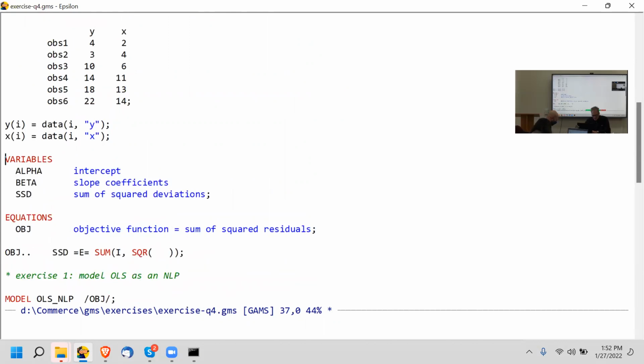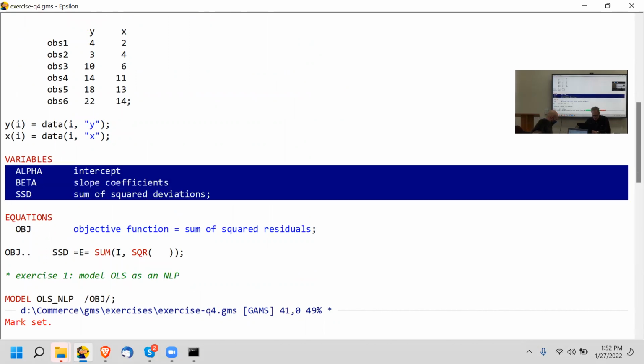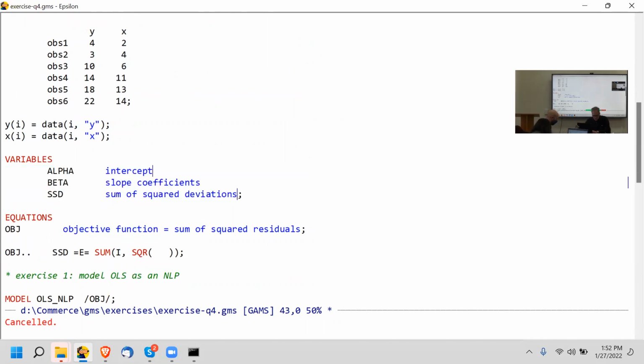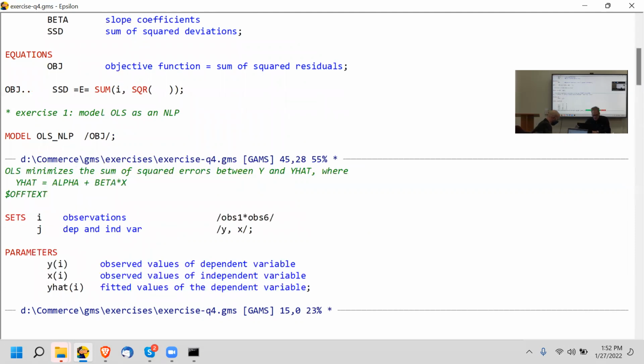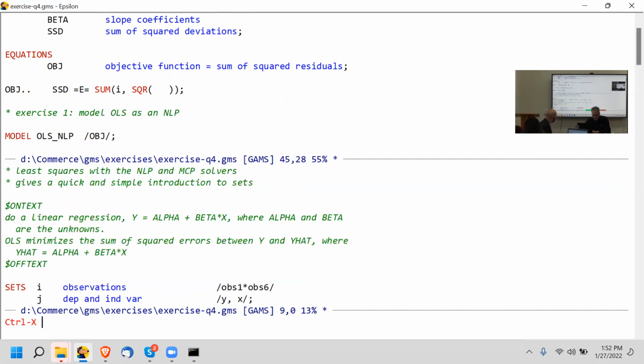Okay, so it tells us the stuff. Then the variables will be alpha, beta, and the sum of squared differences. This will be the uppercase sum over the square of y minus y hat, where y hat is alpha plus beta times x. It's going to be the square of y of i minus alpha plus beta times x of i.